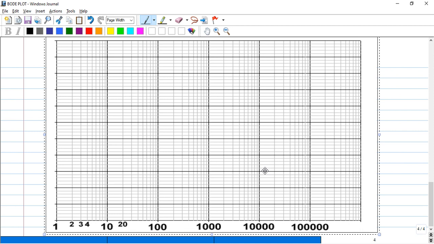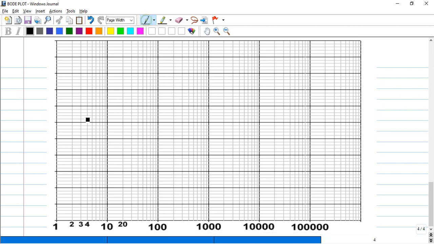If you see here, the x-axis is divided into a logarithmic scale, which is non-linear.